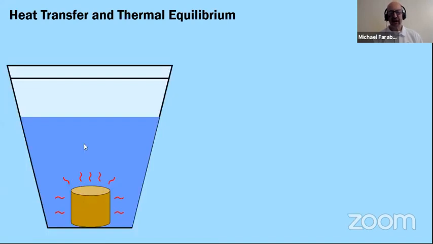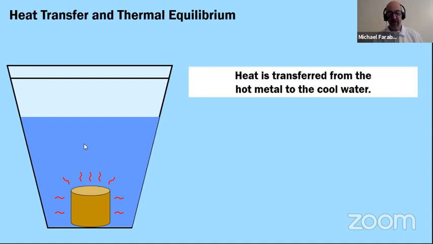Now, heat transfer and thermal equilibrium: at some point, the temperature of the copper will become the same as the temperature of the surrounding water. So heat is transferred from the hotter object, in this case the metal, to the cooler object, in this case the water.